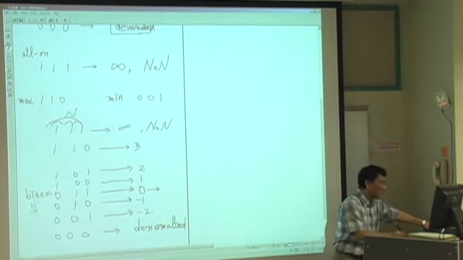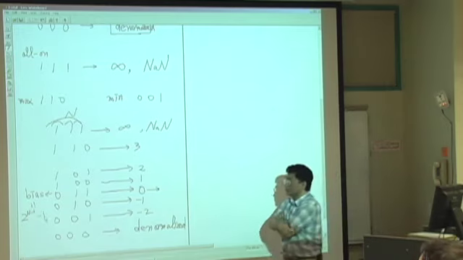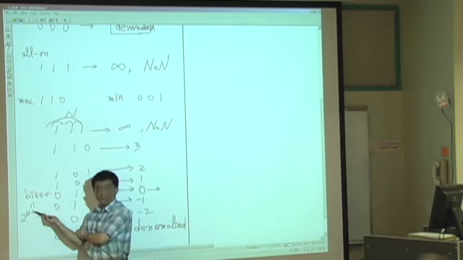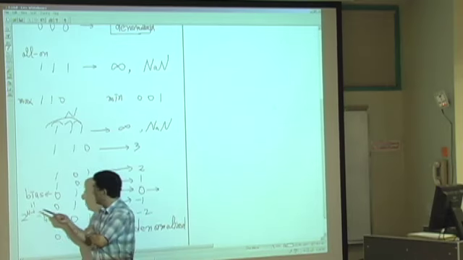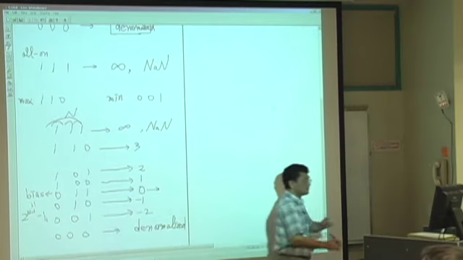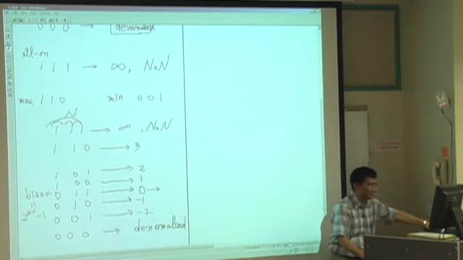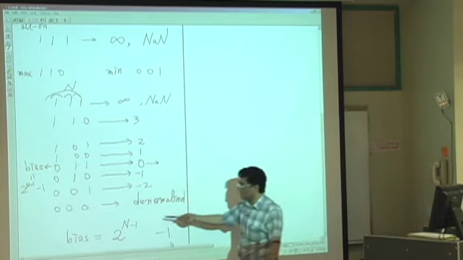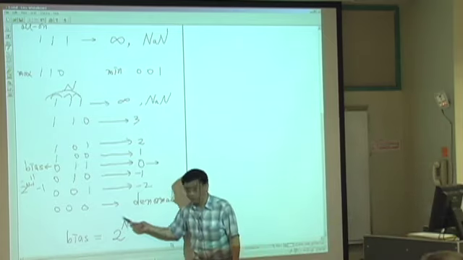Bias is nothing but 2 to the power of n minus 1, minus 1. So 2 to the power of 3 minus 1, that is 2 to the power of 2, minus 1. So 3 is the bias, right? 3 is the bias. So bias is defined by 2 to the power of n minus 1, minus 1, and n is the number of bits for the exponent part.